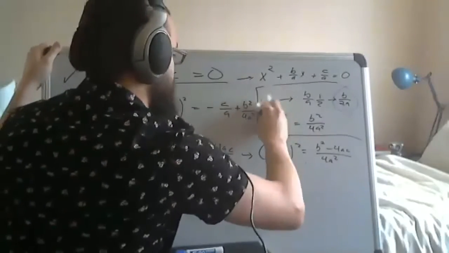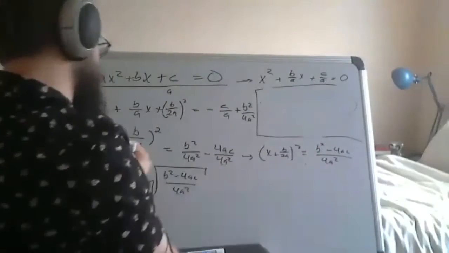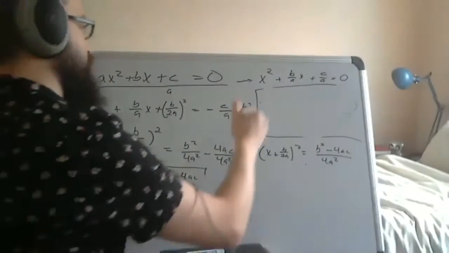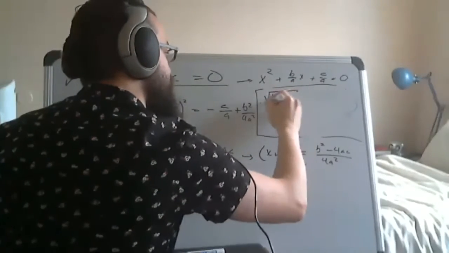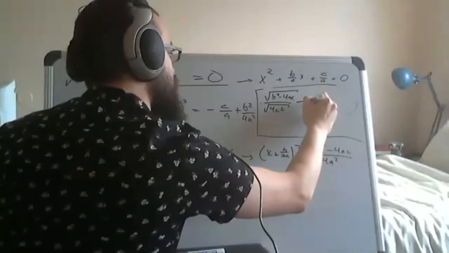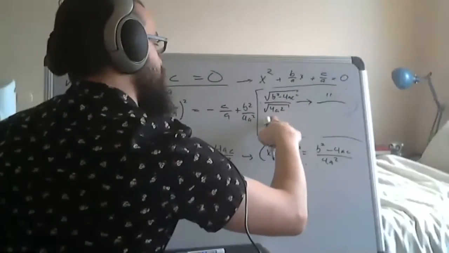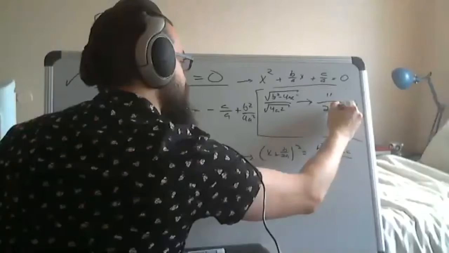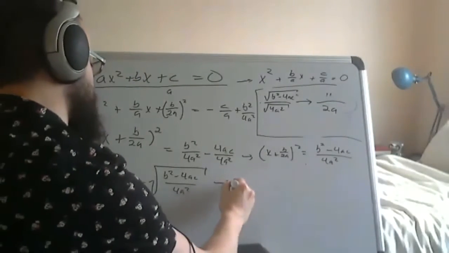A little bit more scratch work. And it's already coming together, as you can probably see. So this becomes the square root of b squared minus 4ac over the square root of 4a squared. This can't factor any further. But the square root of 4a squared is just 2a. So that's what this becomes down here.